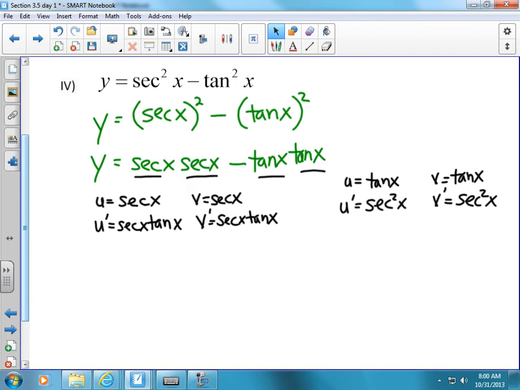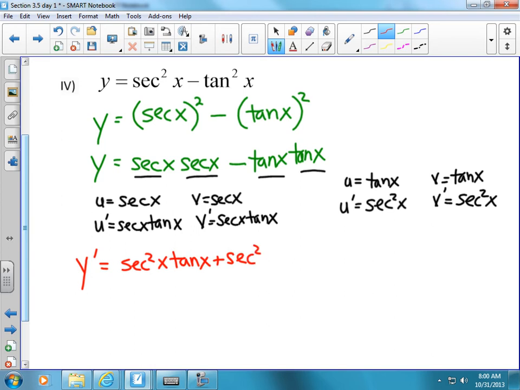All right, so let's take our first product rule. Secant times secant. We get the derivative equals secant squared times tangent plus secant squared times tangent. Then we have minus, and don't forget we're going to minus all of this stuff in the product rule.